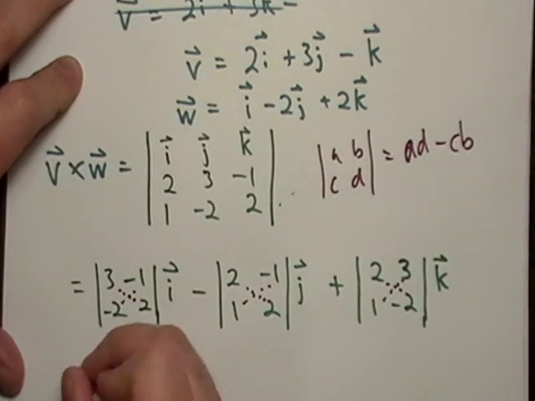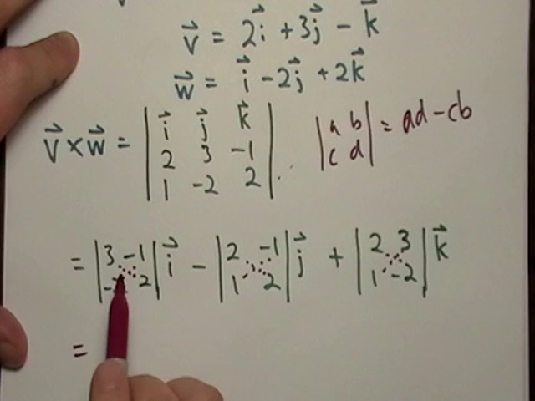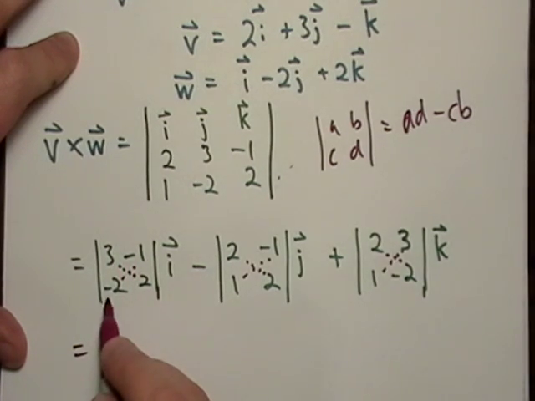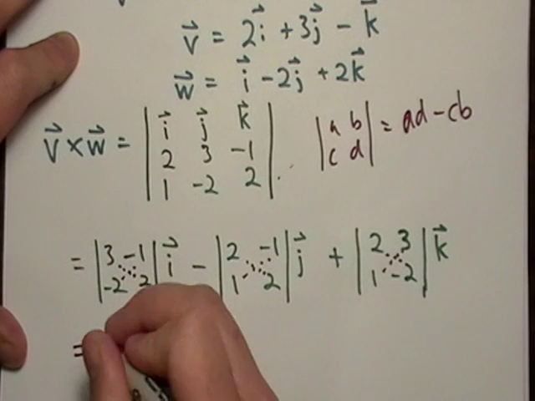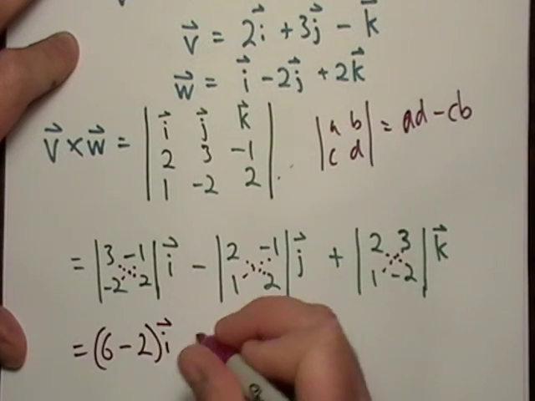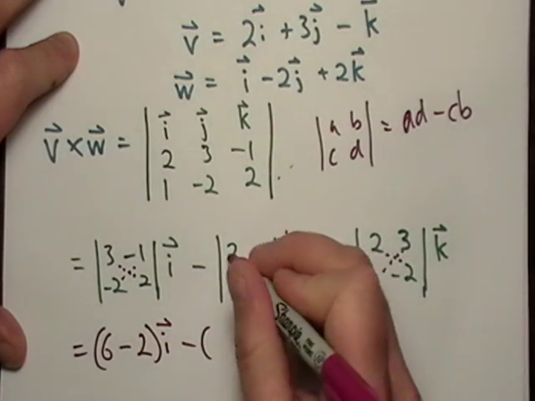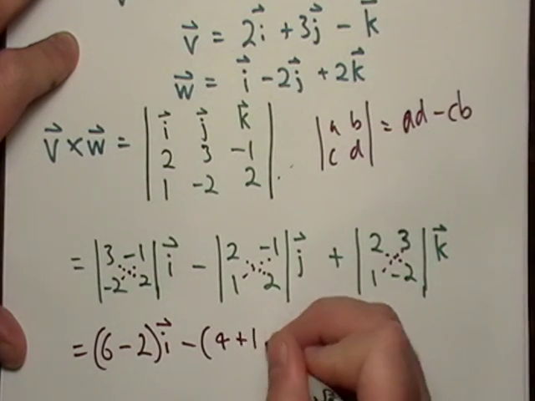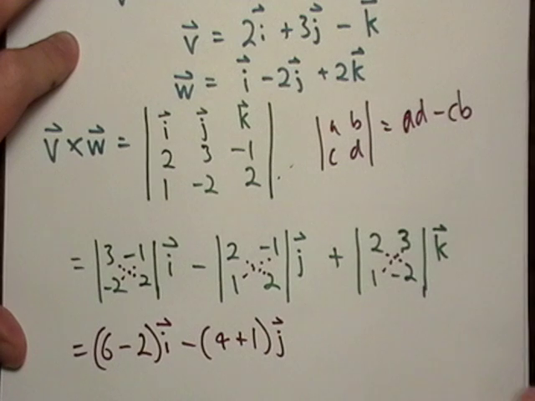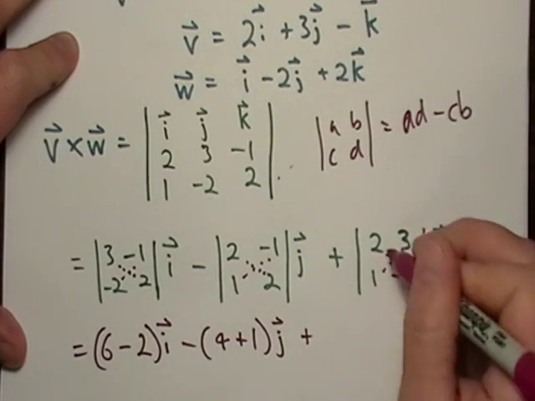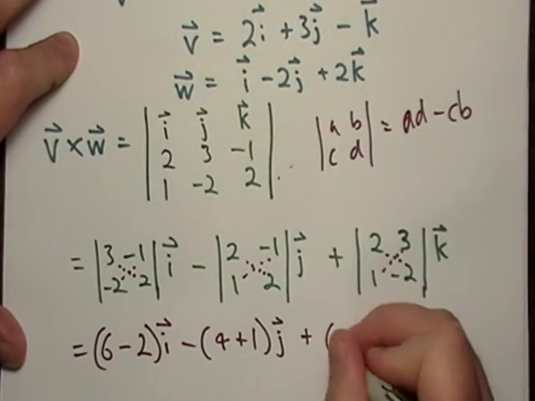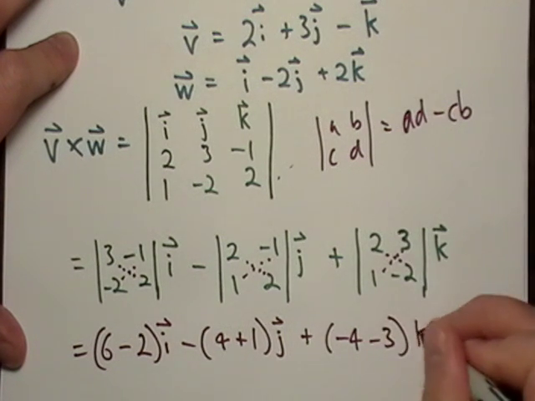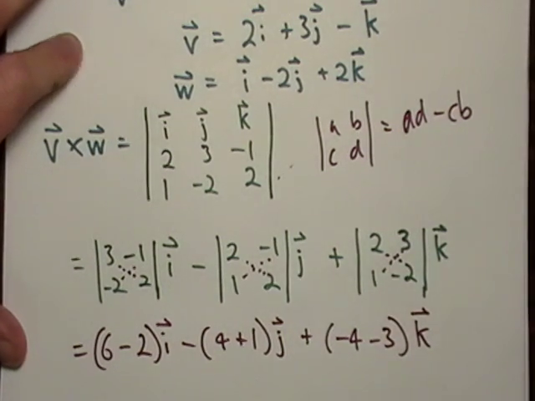What's the first one? We got 6 minus -2 times -1, that's +1. Then we get 2 times 2, that's 4, minus -1 is +1. That's our J component. Then we got 2 times -2, that's -4 minus 3. And there's the K component right there.